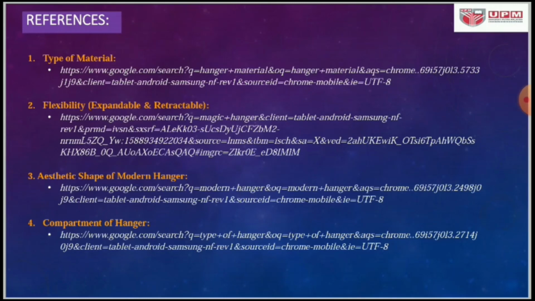Last but not least, how to create and select a good product. Actually, it starts with the requirement analysis, and we go to the Pareto, and of course we table out the QFD, quality function deployment, and then from there we take out the important criteria in terms of the customer demands versus the engineering parameters to be looked at, and we bring it into the function tree, and from there we detail out all the important criteria.